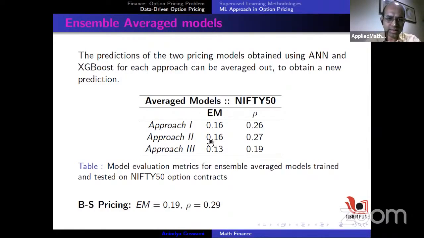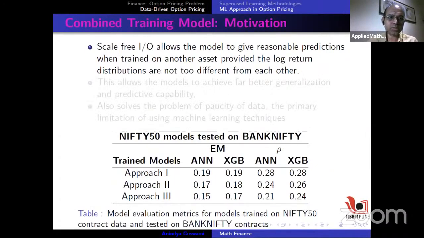Of course, you can see that there is some success. It works a little better than Black-Scholes, but Black-Scholes is not something one should compare with, because Black-Scholes already has some limitations, as everybody knows. So the challenges and the performance: when it works well, why should it work well? And when it does not work well, why does it not work well? Those are the questions we really wanted to ask and try to explain as much as possible.